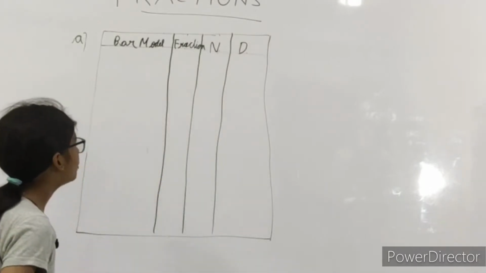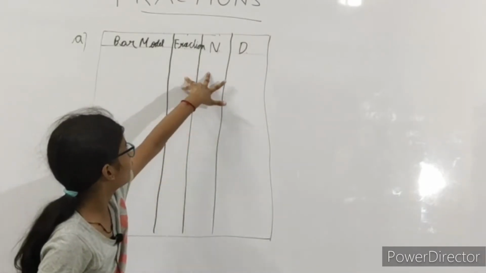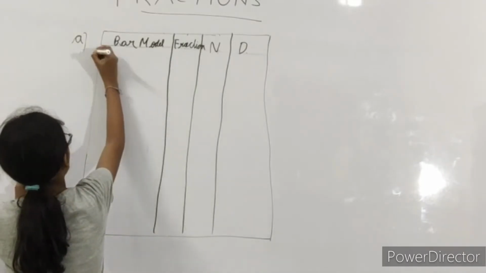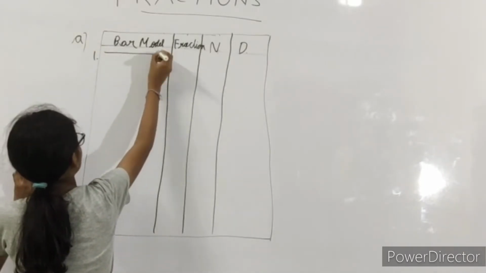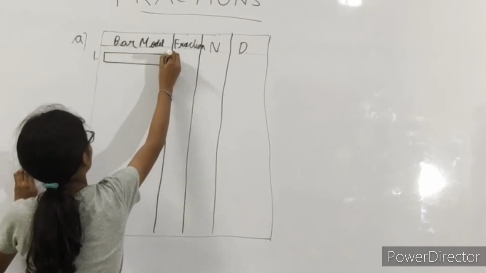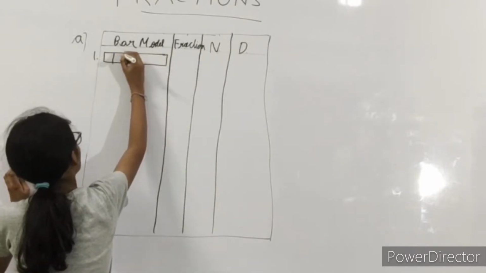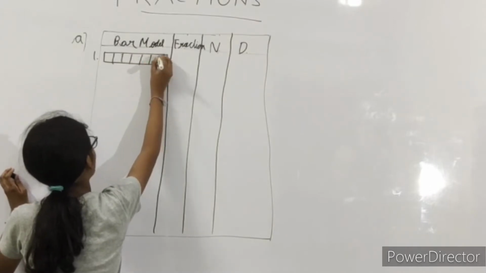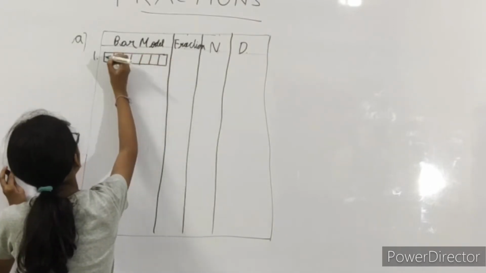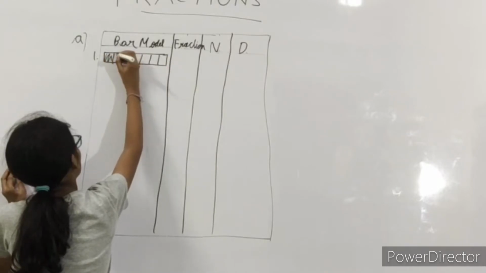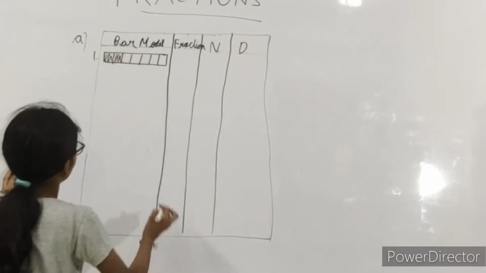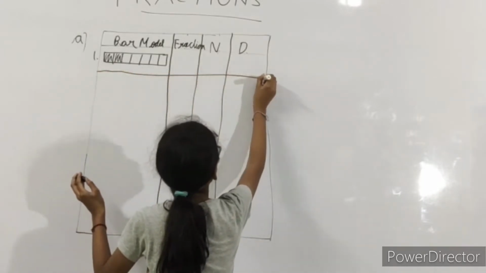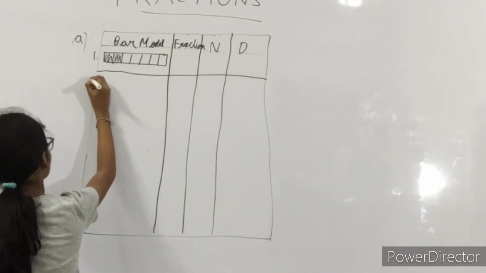Okay. Now these three you have to fill by your own, but the question, which is the bar model, I'll give you. Number 1. 1, 2, 3, 4, 5, 6, 7. So 1 and 2 are shaded. Okay. And then I'll make a line like this. Okay.